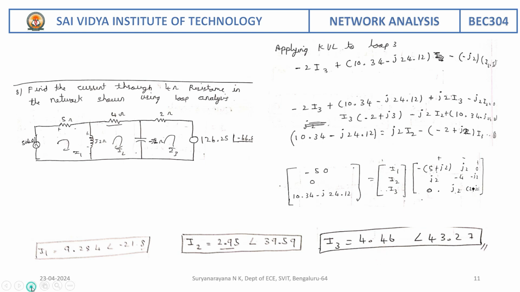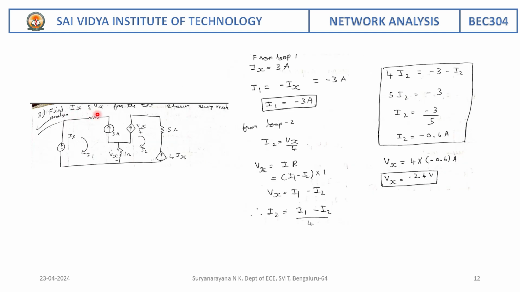I1 is nothing but delta 1 by delta, I2 is nothing but delta 2 by delta, and I3 is nothing but delta 3 by delta. So use Cramer's rule in order to solve the currents in the three loops.